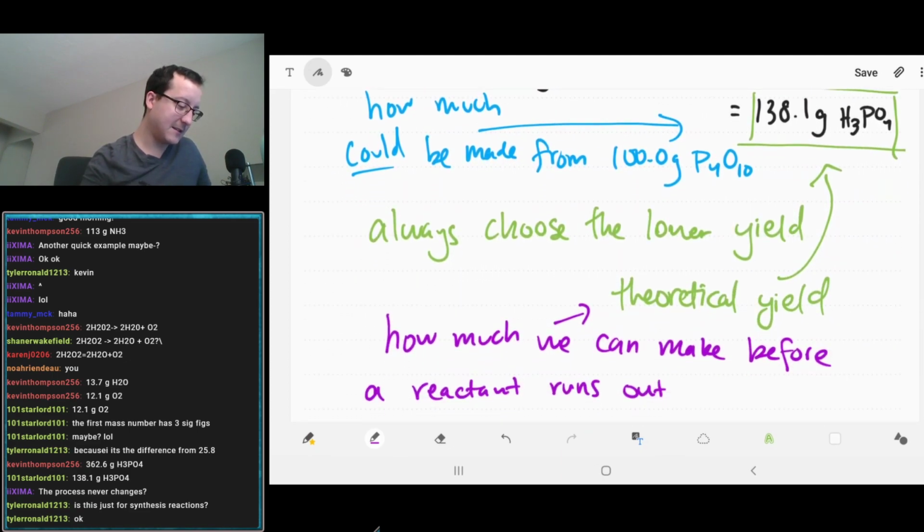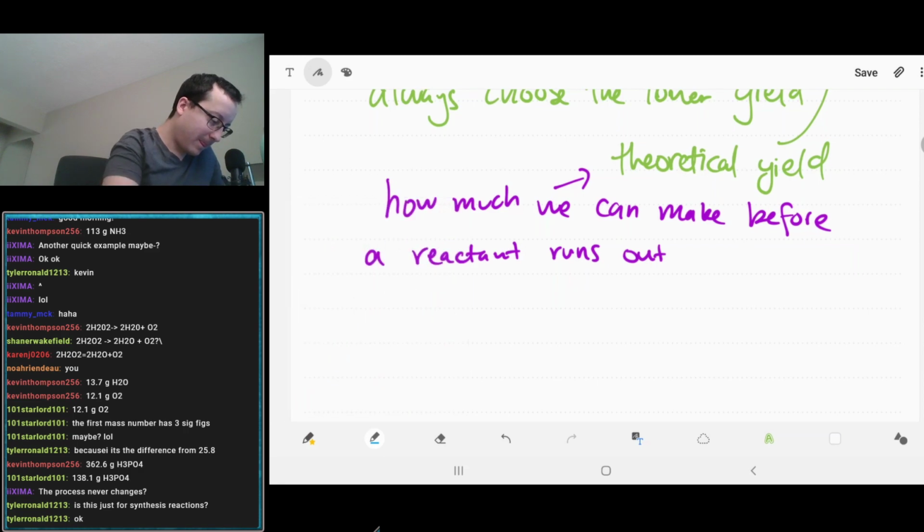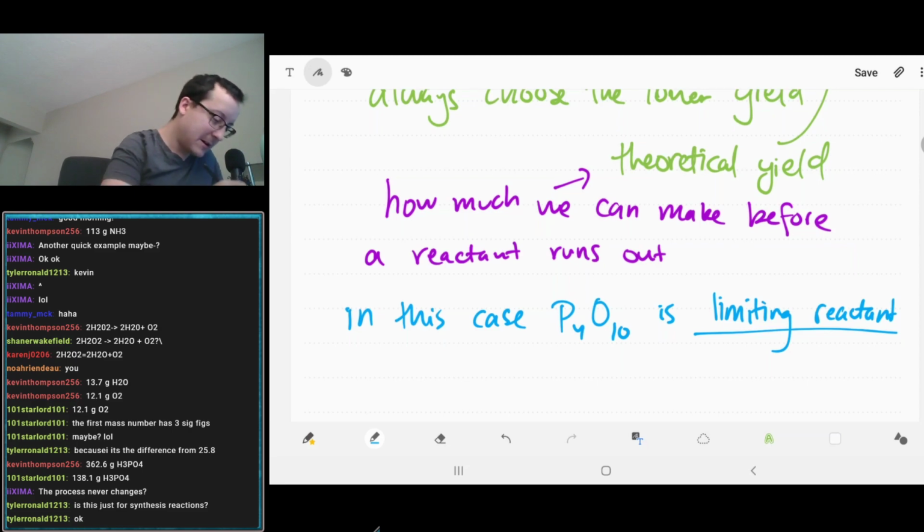So in this case, P4O10 is the limiting reactant. That's the one that ran out. And therefore, water is the excess reactant.